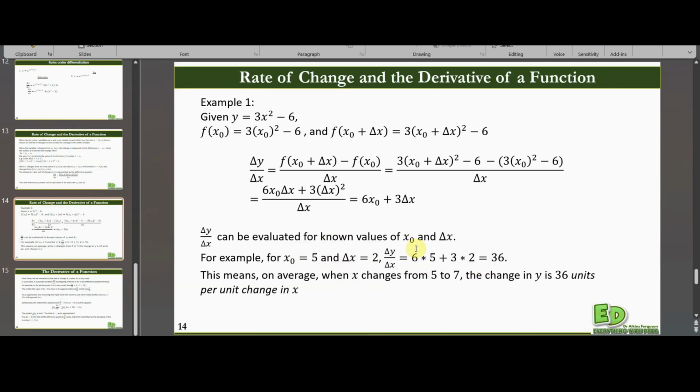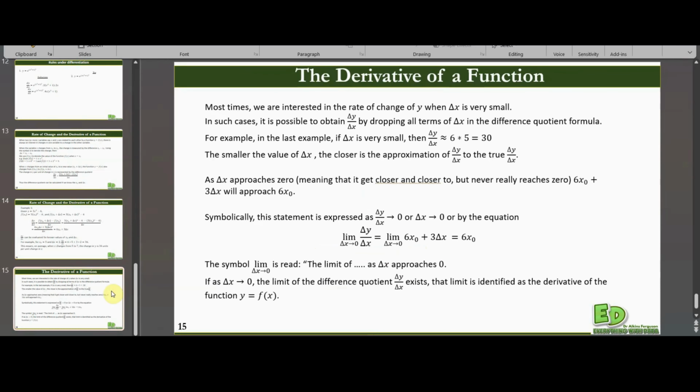Then we are left with 6 times x0, which is 5 here, plus 3 multiplied by 0, which gives us 0. So 6 by 5 is approximately 30.